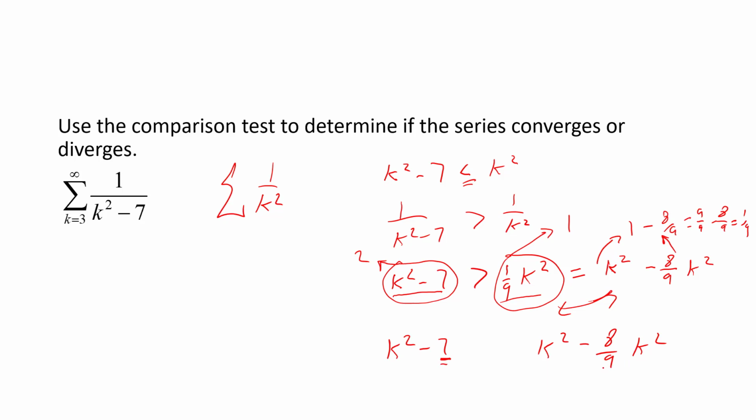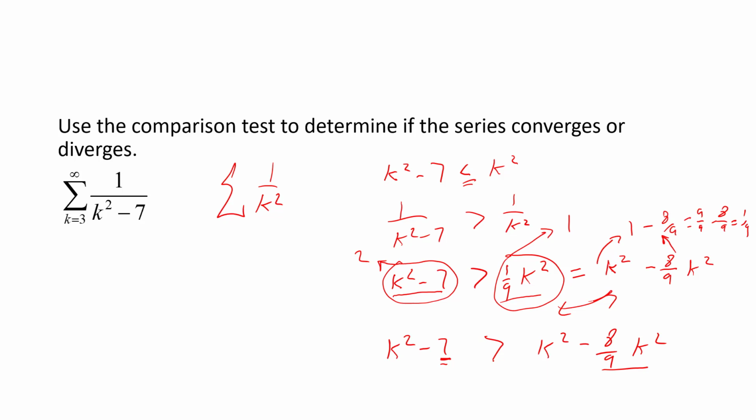On the right side, you're taking k squared and subtracting 8/9 k squared. When k is 3, you're subtracting 8. And when k is 4, you'll be subtracting 8/9 times 16. This one's always subtracting 7, and this one is growing, so you're always going to be subtracting more than the 7 over here. And that's why this is greater, right?